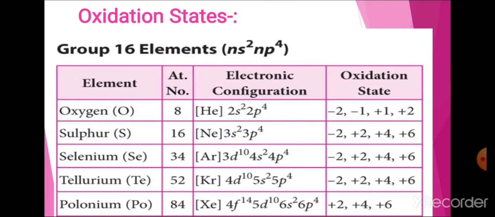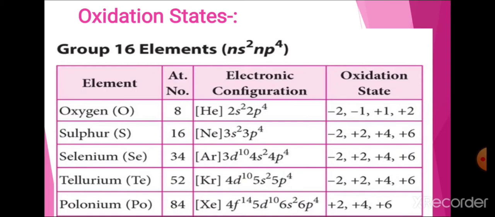It is highly electronegative and shows the common oxidation state of -2, except in 2 cases. In case of OF2, its oxidation state is +2 because fluorine is more electronegative than oxygen, and in case of peroxides, that is H2O2, Na2O2, it shows -1 oxidation state.